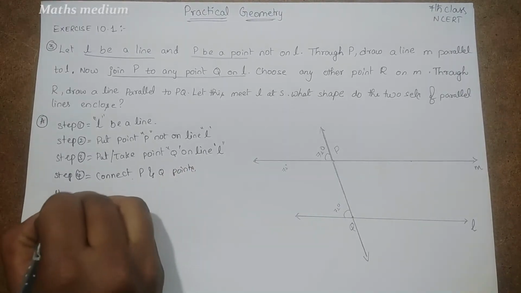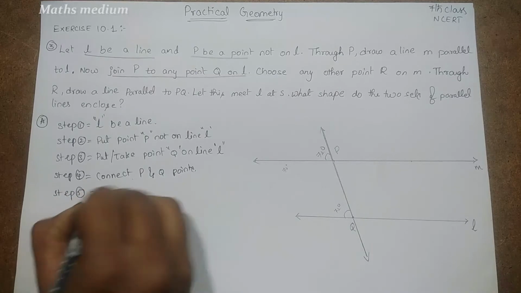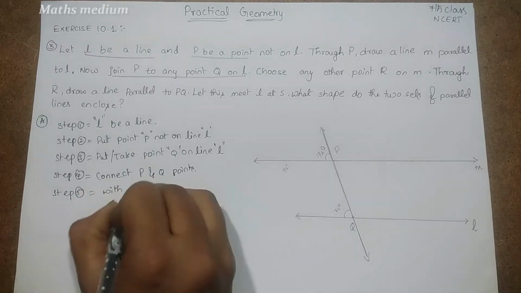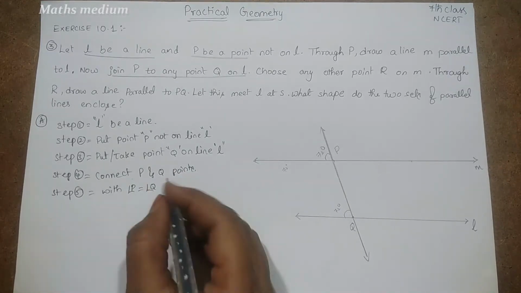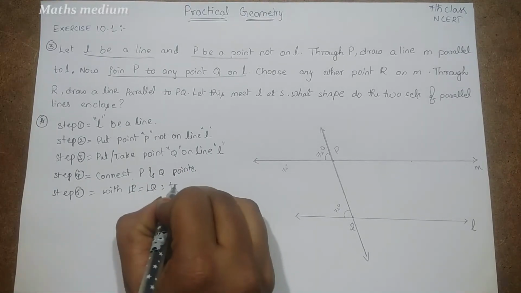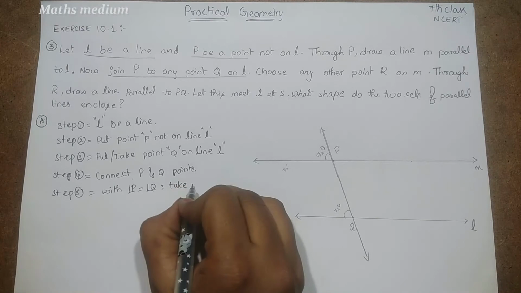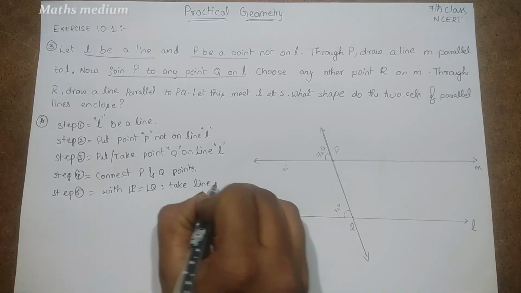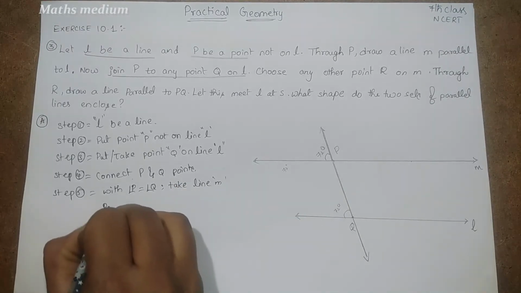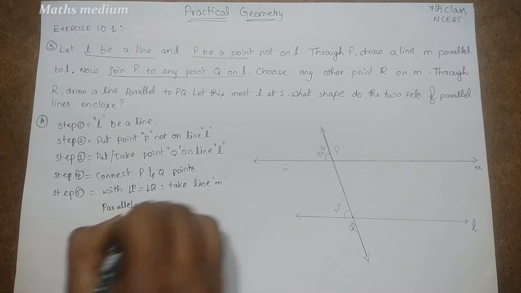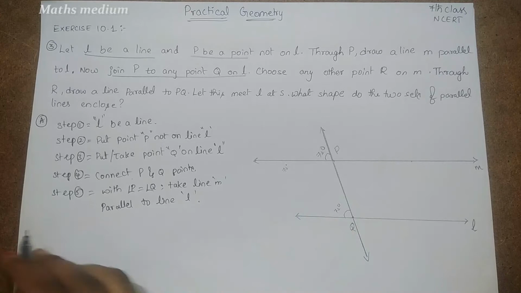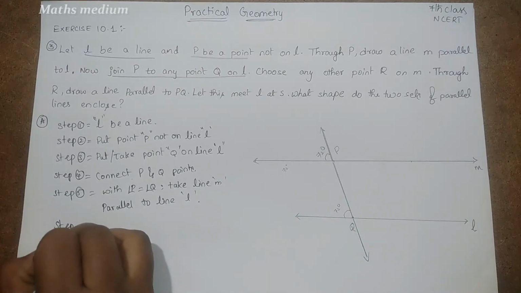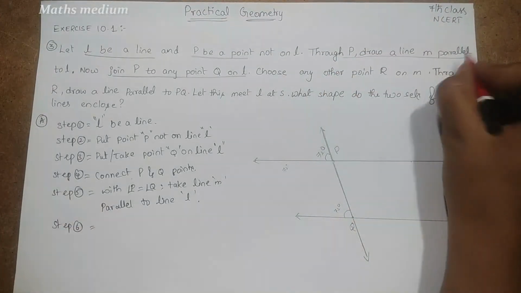And step 5 is: with angle P equal to angle Q, take line M parallel to line L.